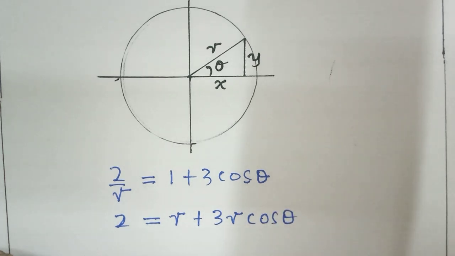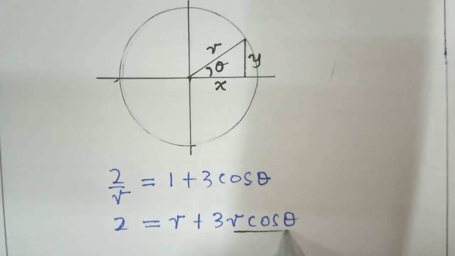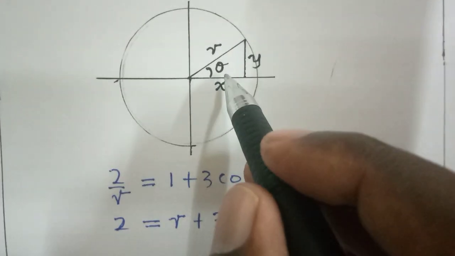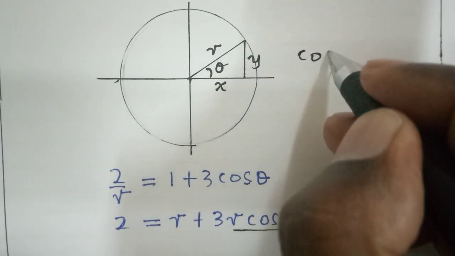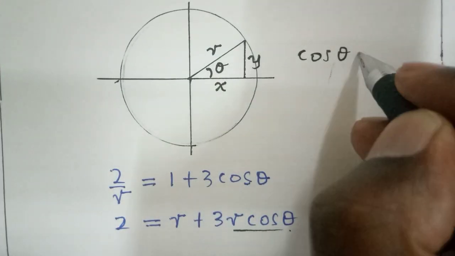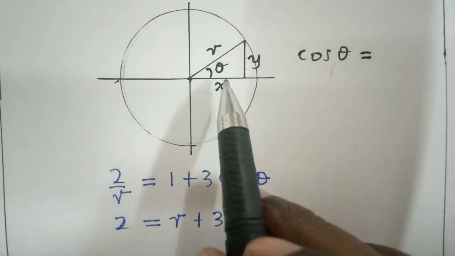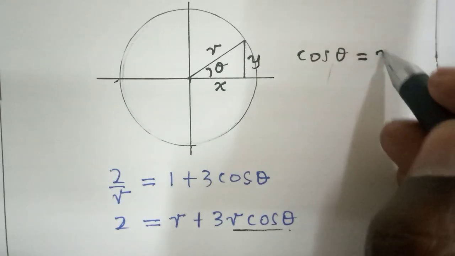Let me underline it so that you can see it well, guys. If you compare here, for example, cos theta is x over r, like that.